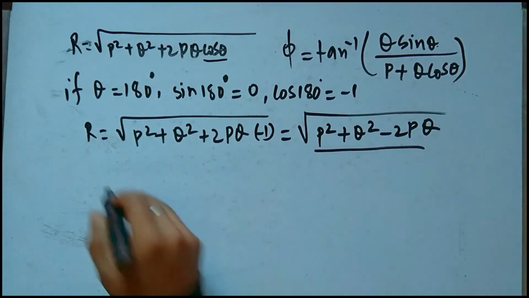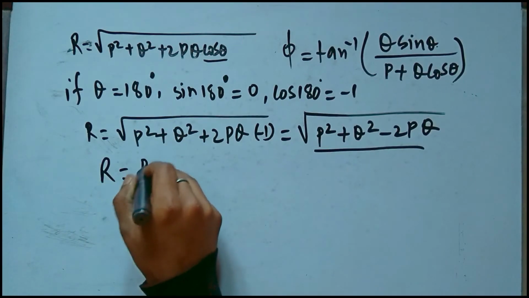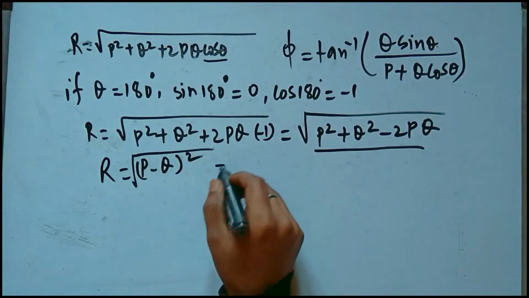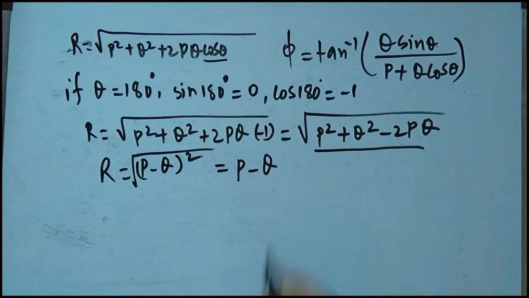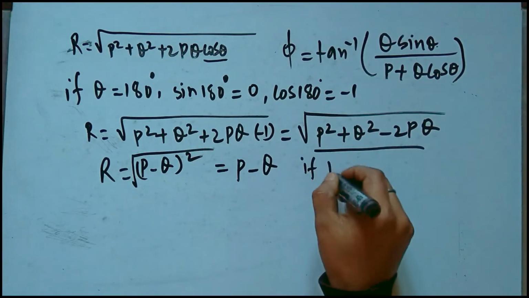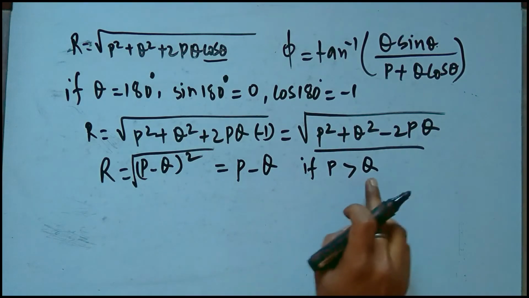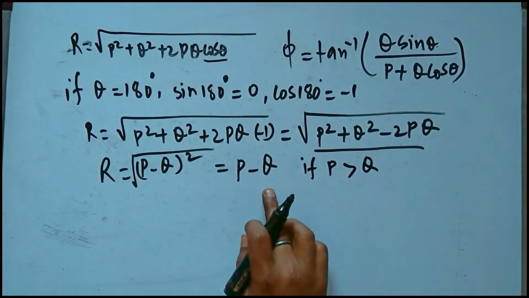So R equals the square root of P minus Q whole square, which is equal to P minus Q if P is greater than Q.